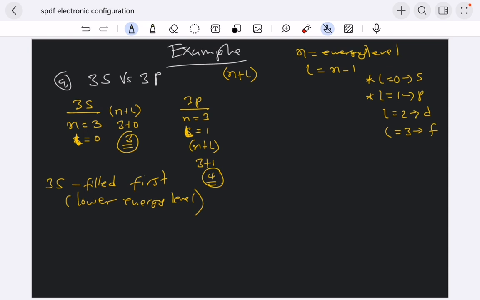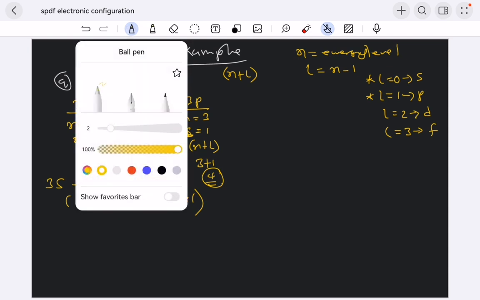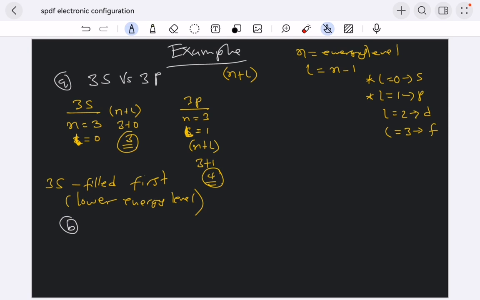We can look at another example. B, where we are comparing 3p versus 4s. So for 3p, our N is 3, then our L is 1. So N plus L will give us 4. Then 4s, our N is 4, our L is 0.